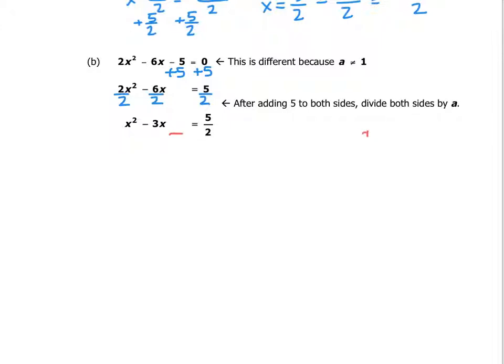So I'm going to use c equals b over 2 quantity squared. This is going to give me negative 3 over 2 quantity squared. When I square that, I get 9/4. So I've got another fraction. So let's add 9/4 to both sides of the equation.